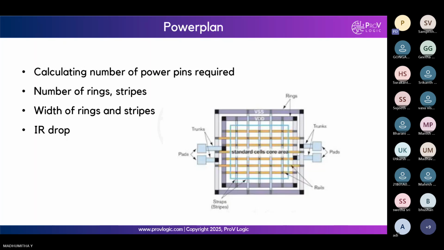Okay, so to fix IR drop, we will be adding some cells called decap cells. Once we add these decap cells, IR drop will be reduced in our design. Or we can also try to change the power architecture for our block.